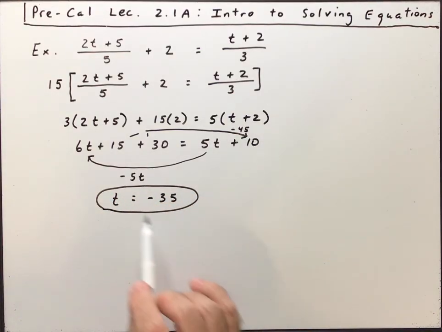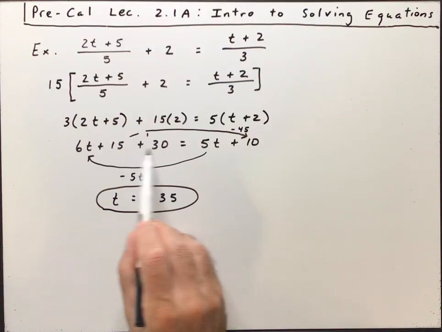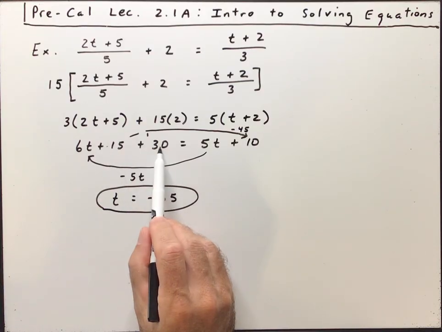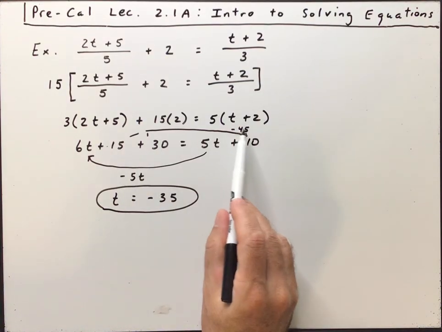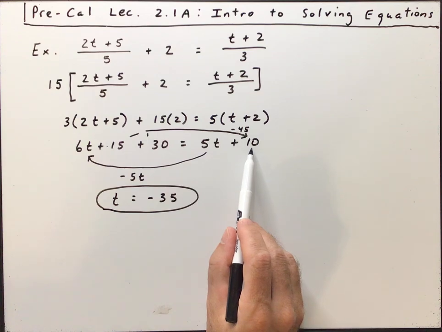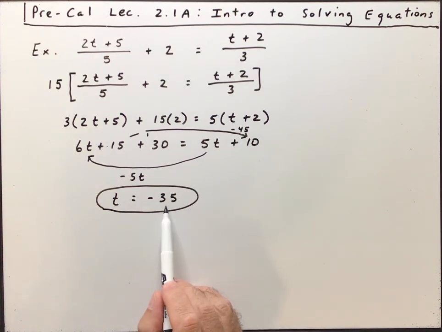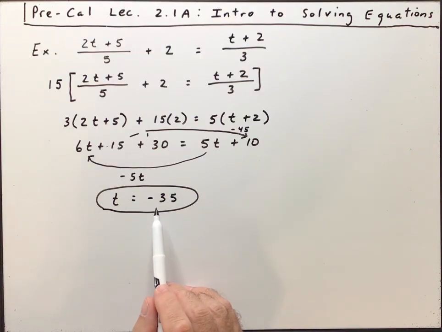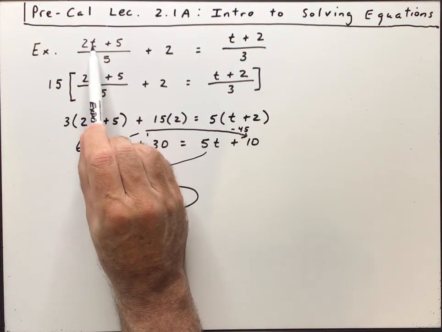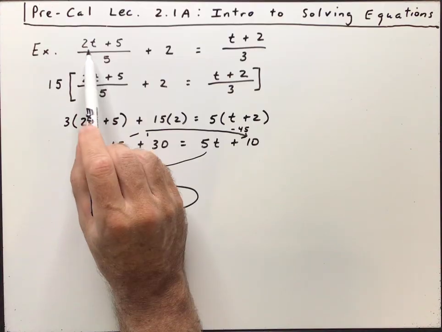All right, so you could plug that in. So again, we've got 15 plus 30, that's 45. We need to move it over to the right side, so we subtract 45, and 10 minus 45 is negative 35. All right, we could check that, put a negative 35 in up here. Let's see if I can check this in my head.